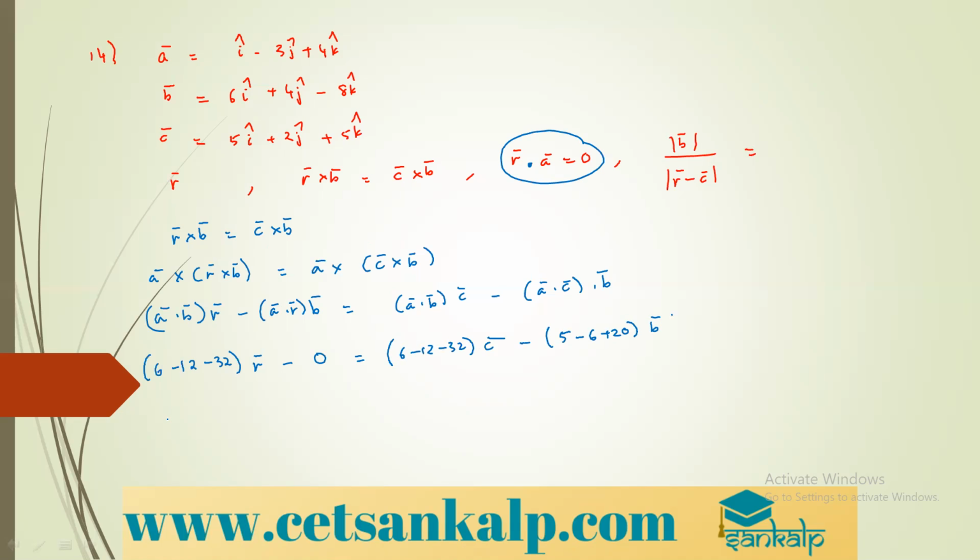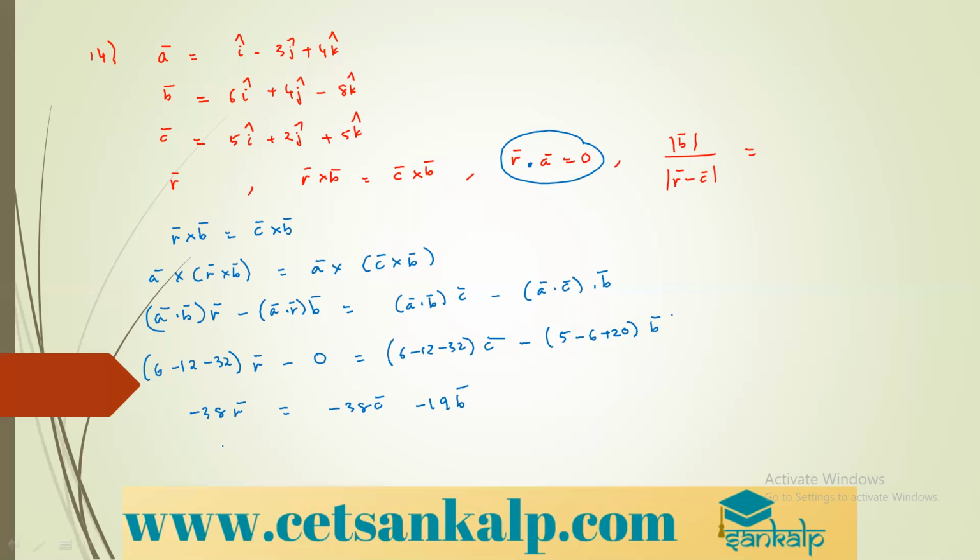So 6 minus 12 minus 32 is minus 38 into R, equal to minus 38 into C, minus 19B.